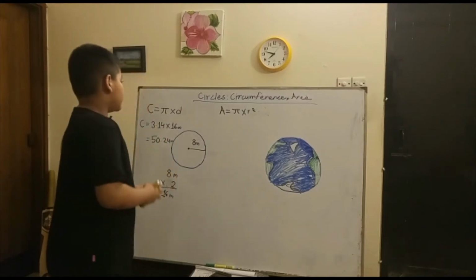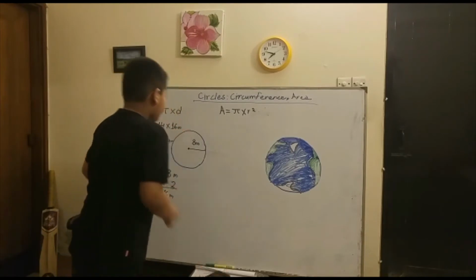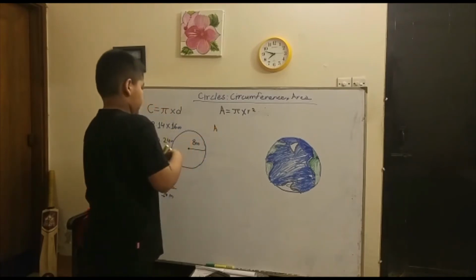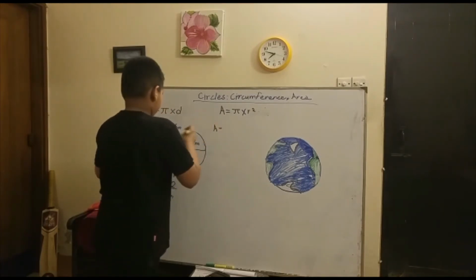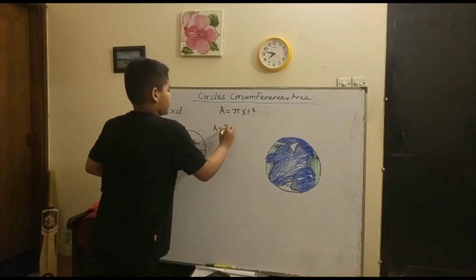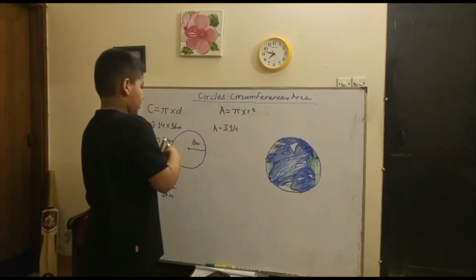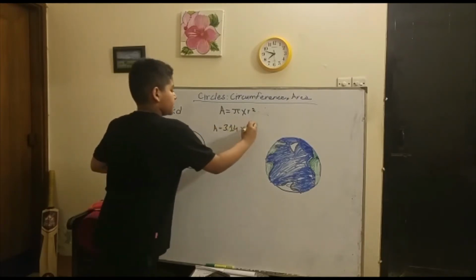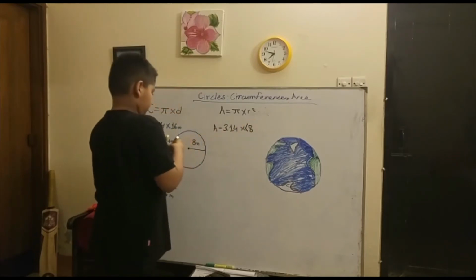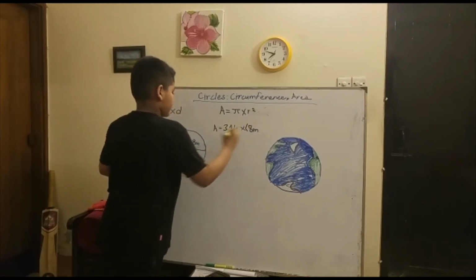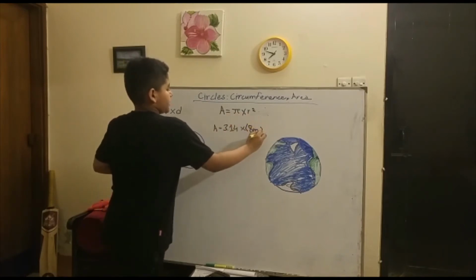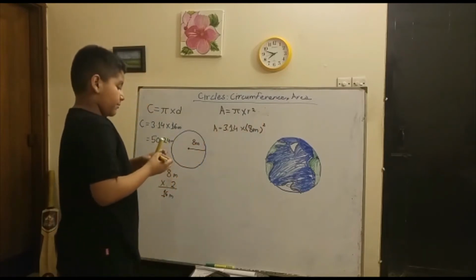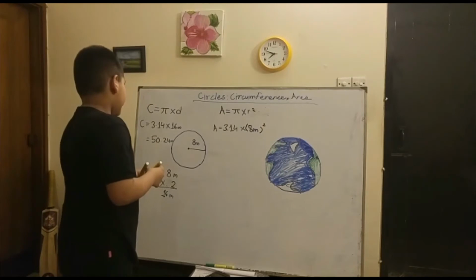The area will be a little different. So we can say area equals 3.14 times 8 meters, whole squared. It's a whole square because both the 8 and the meters count, since those both apply to the radius.